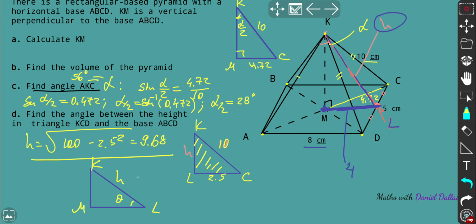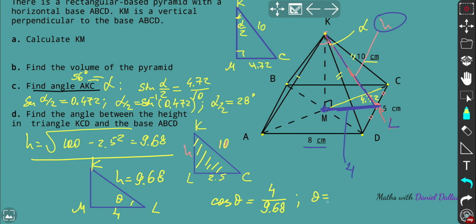This is the height that we recently calculated, it's 9.68. And we also can use that for ML. So from there we can figure out, let's say, cosine theta. So cos theta is the ratio 4 to 9.68, from where we can find theta as cos minus 1.